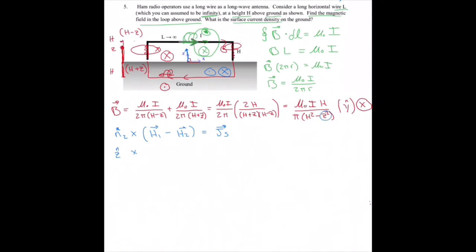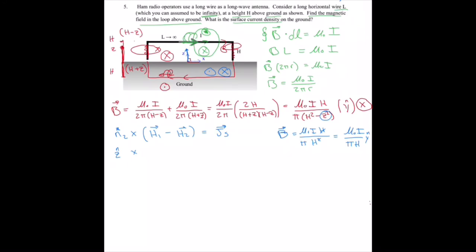So if we make this z equal to 0, our B field will be mu naught I h over pi h squared. We have that h we can cancel, so our magnetic field will be mu naught I over pi h. And again, this is in the y hat direction. Great. So now we have our B field right on the surface.